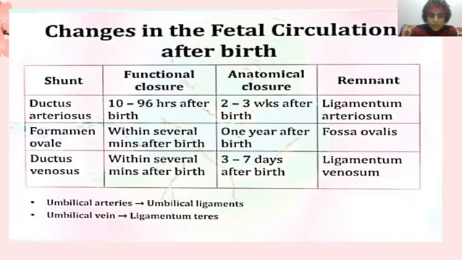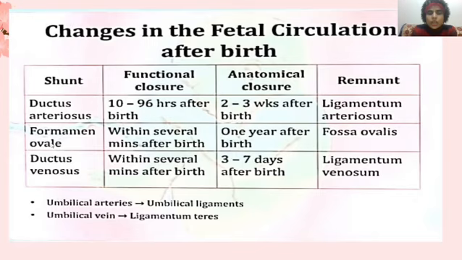You can record or take a picture of this slide. Functional closure of the ductus arteriosus occurs 10 to 96 hours post-birth, and anatomical closure occurs within 2 to 3 weeks.